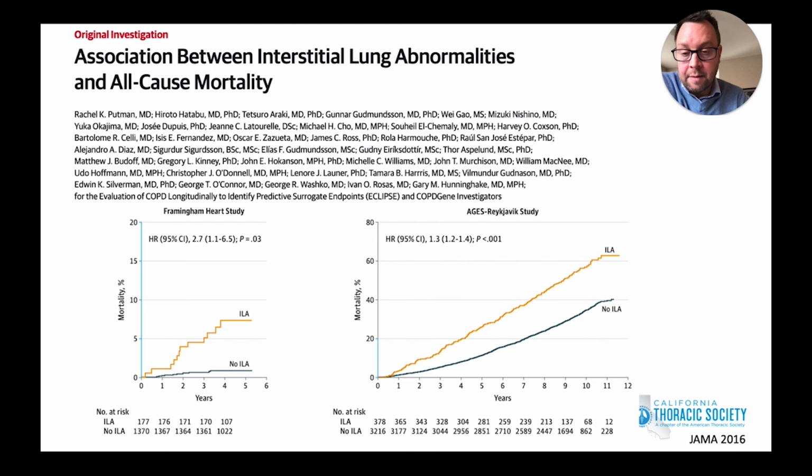So these should not be ignored, and you will see reads of mild pulmonary fibrosis, but don't mistake mild for early. We try not to use the term mild anymore because these really should be viewed as early disease, and that notes that you can do something about it.